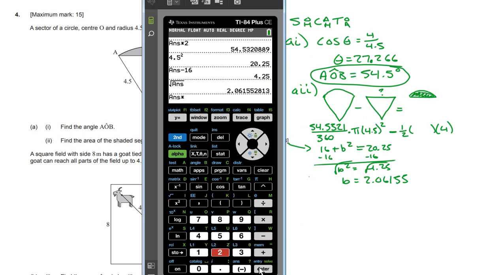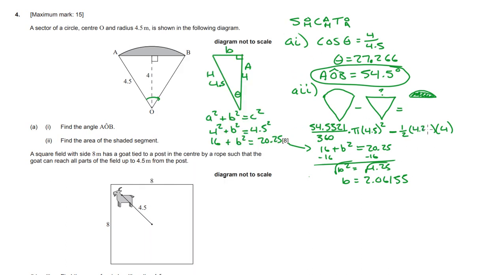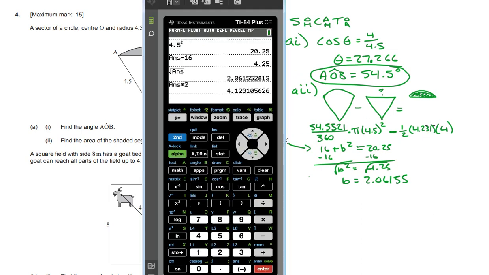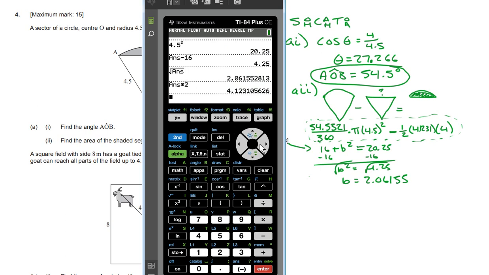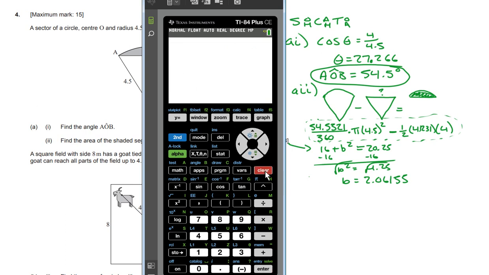So times 2, which is 4.1231. I think I messed that up already. 4.1231, times 4. Okay, so this right here is going to end up giving us the area of this sector here, right? So we'll want to put that into our calculator, and then away we go.